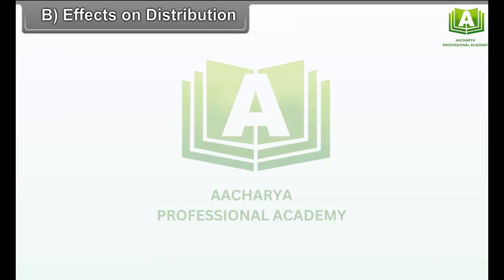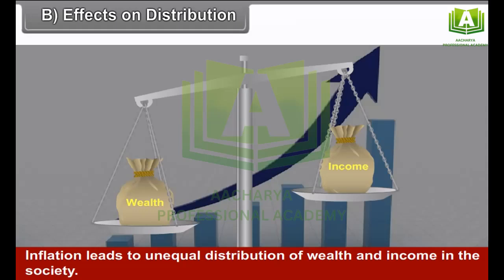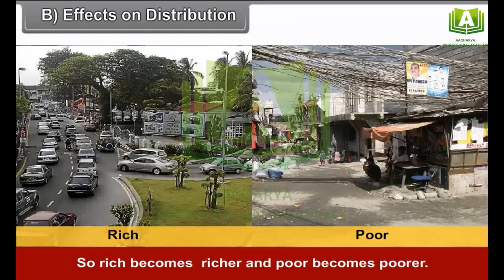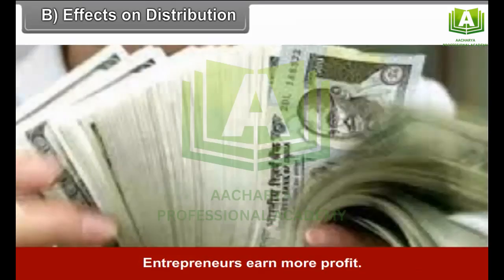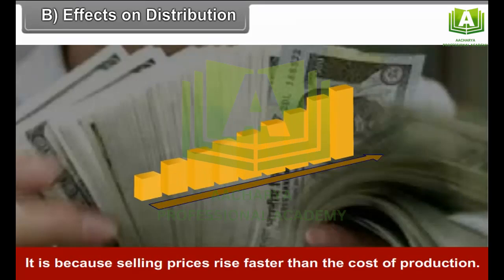B. Effects on distribution. Inflation leads to unequal distribution of wealth and income in the society. So the rich become richer and the poor become poorer. Entrepreneurs earn more profit because selling prices rise faster than the cost of production.